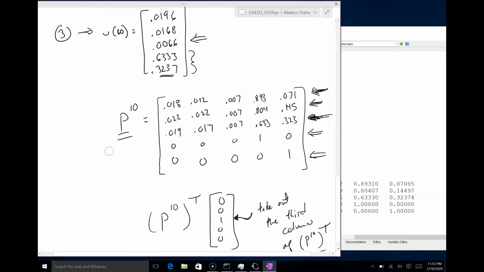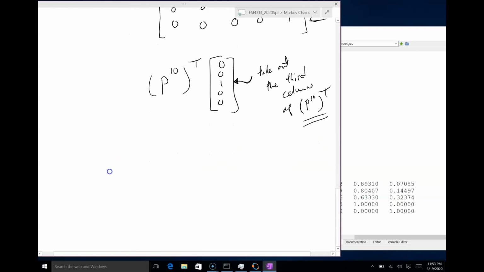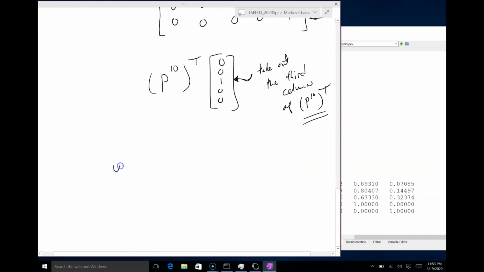To end, we're going to give a little hint of what we're going to study next. What happens if I take u to the 100,000? Okay, so I want to know after 100,000 time steps, where do I end up?